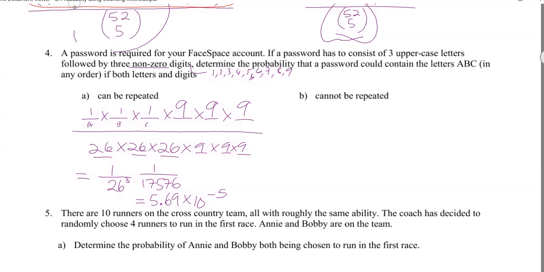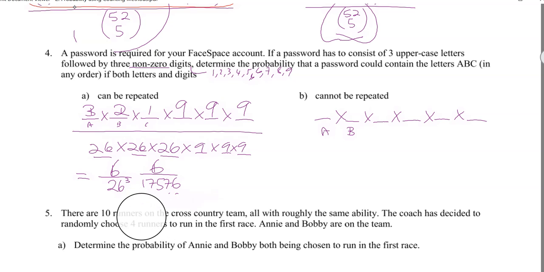Cannot be repeated. We cannot repeat. So still, we need ABC in any order. You got 3 choices, then 2, then 1. That's a 6. So in any order could be the A, then the B, then the C. Let's clean this up.